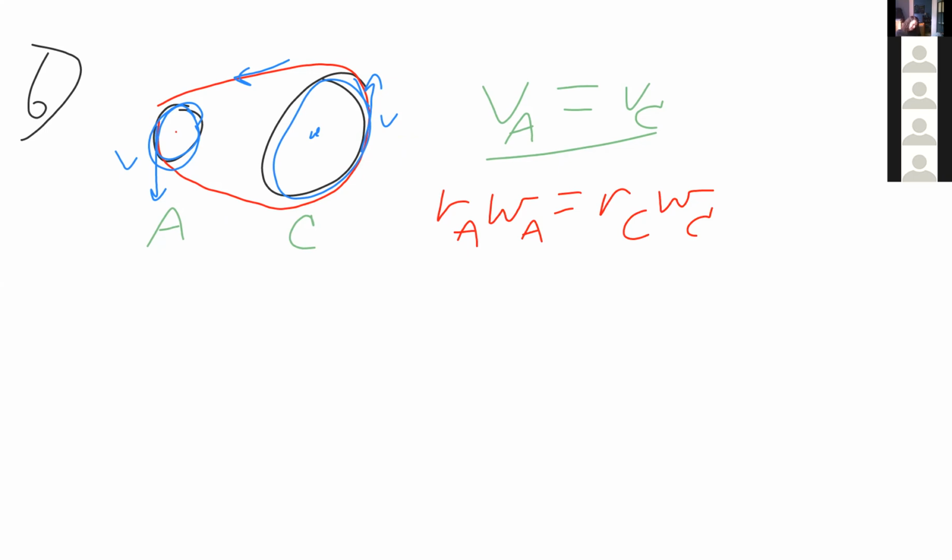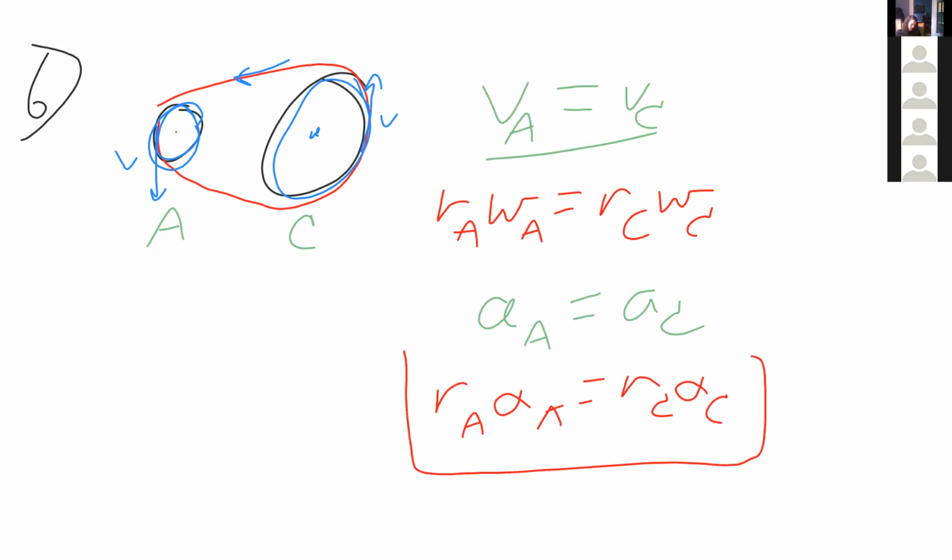So that means that the tangential acceleration at A will be equal to the tangential acceleration of C. And to turn this into angular quantities, this is R sub A alpha sub A is equal to R sub C alpha sub C. This relationship is the basis by which I can take the information that wheel A has, so alpha sub A, which in my problem is like 2 radians per second squared.